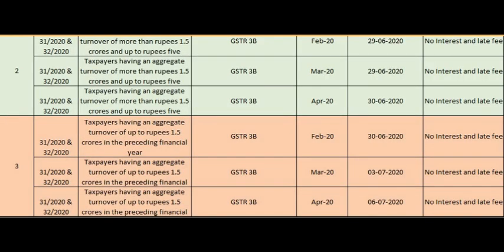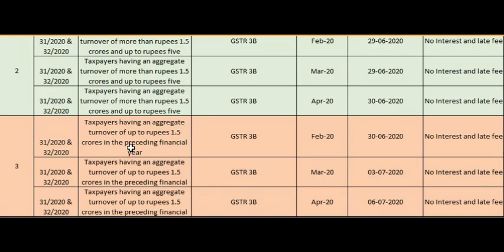In these notifications, the CBIC has issued the last dates to file GSTR 3B for the months of February, March, April and May 2020. In notification number 31/2020 and 32/2020, the last dates to file GSTR 3B have been decided upon the basis of the turnover of the various taxpayers.